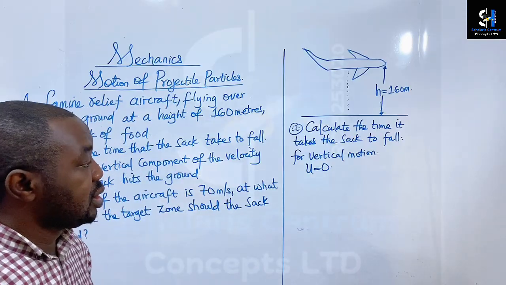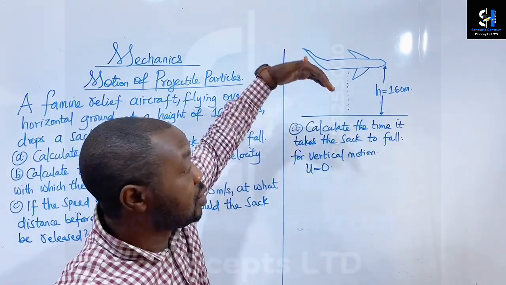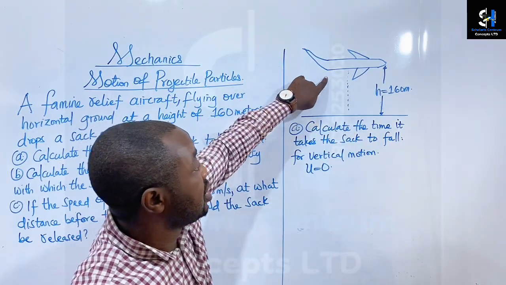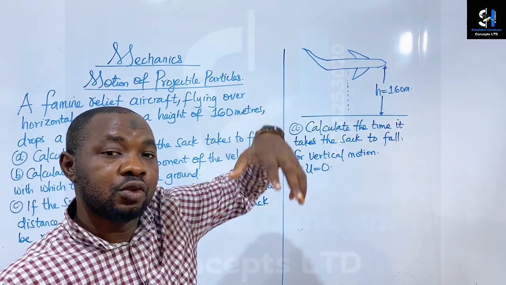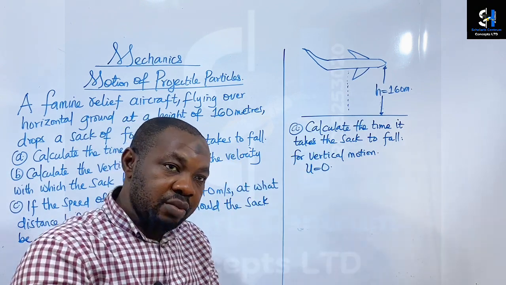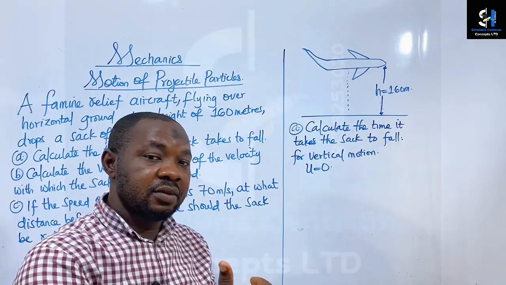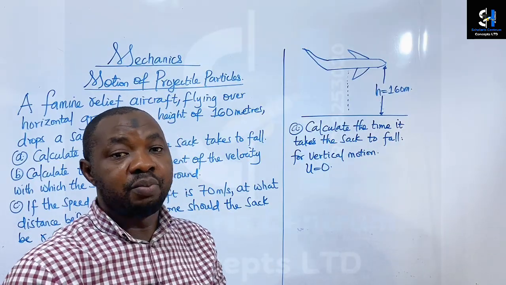And we know that because the aircraft dropped the sack to the ground, it will move downward, so the value of g will be positive.